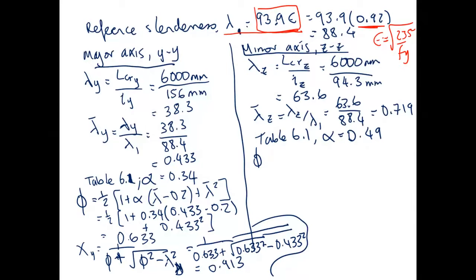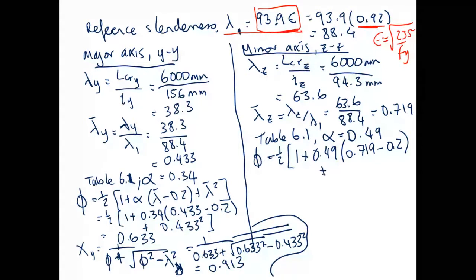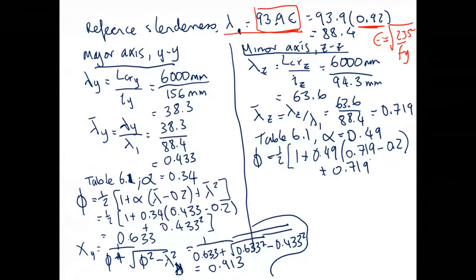Okay, if we just do the same on the other side. So that phi value is a half into 1 plus alpha, which on this side is 0.49, into the normalized slenderness value, which is 0.719, minus 0.2, plus 0.719 squared.